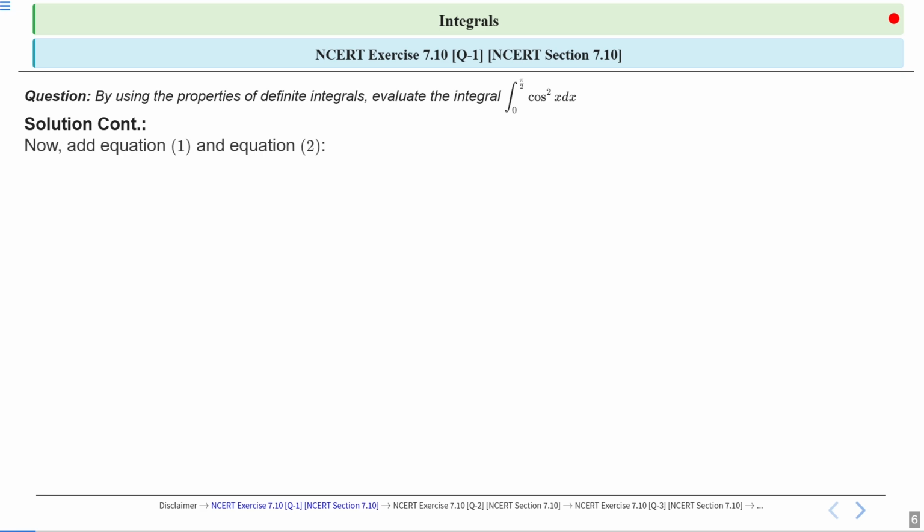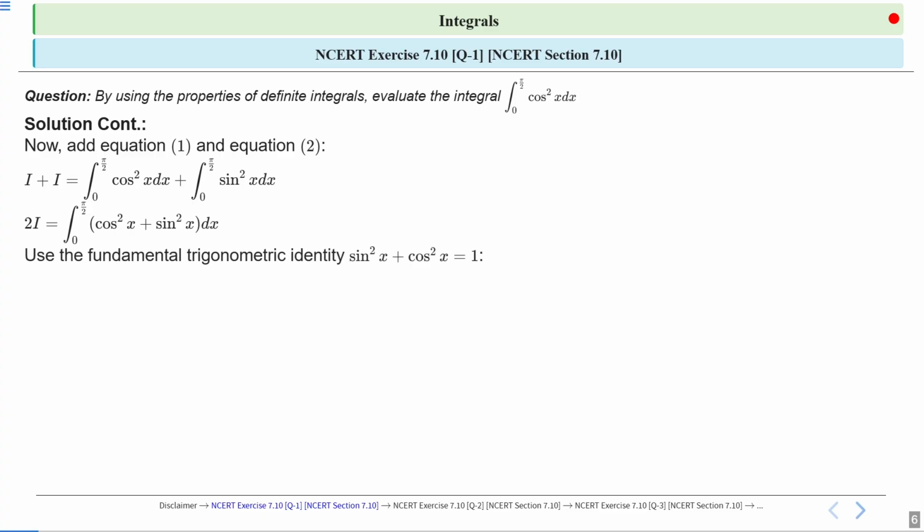If we combine equations 1 and 2, we get I plus I equal to the integral of cos square x plus the integral of sin square x, so 2I is equal to the integral from 0 to pi by 2 of cos square x plus sin square x dx. By the fundamental trigonometric identity, sin square x plus cos square x is 1. So 2I is equal to the integral from 0 to pi by 2 of 1 dx.